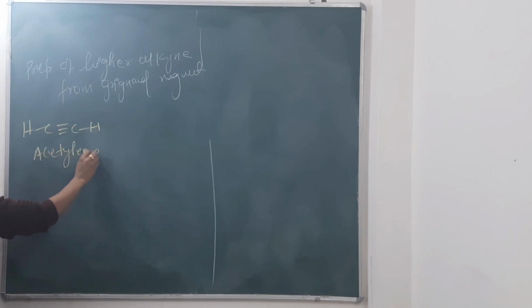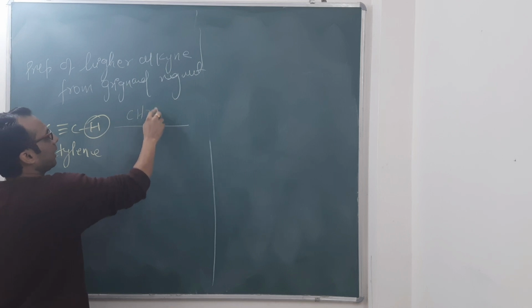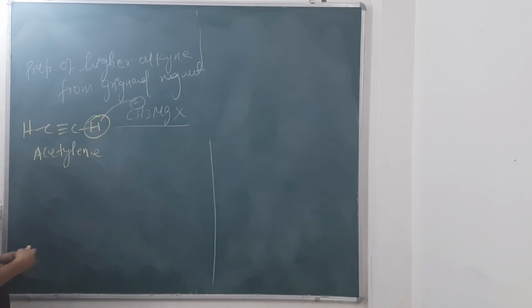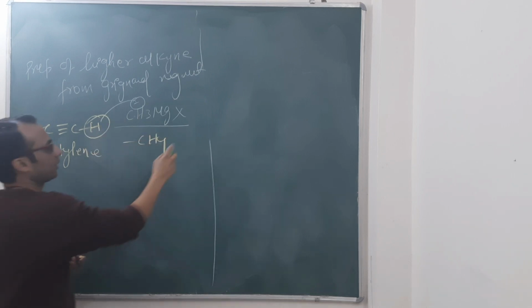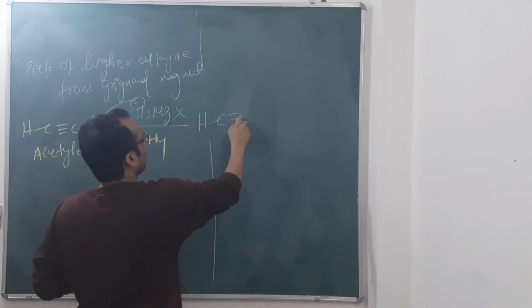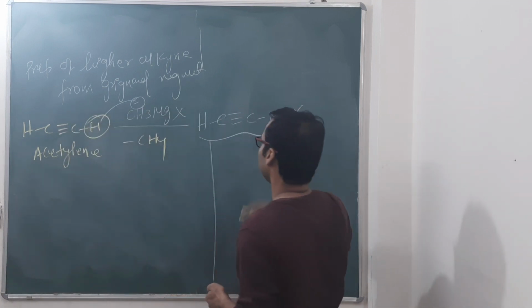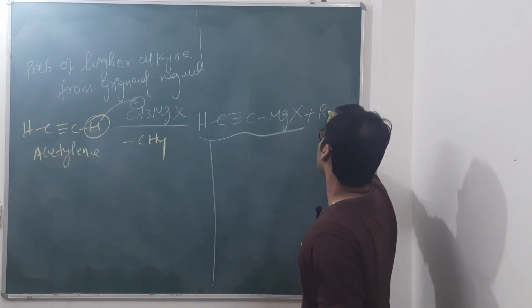So students, acetylene has acidic hydrogens, correct? Now when we take the Grignard reagent CH3MgX, the negative carbon will attack the acidic hydrogen, and CH3H, meaning methane, will be released. So what happened? HC triple bond C MgX. Now this is the Grignard reagent. Suppose you have taken RCl.